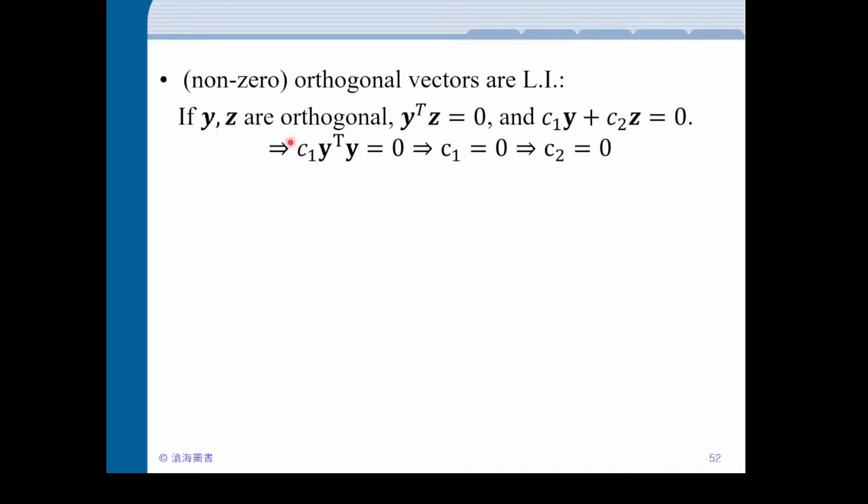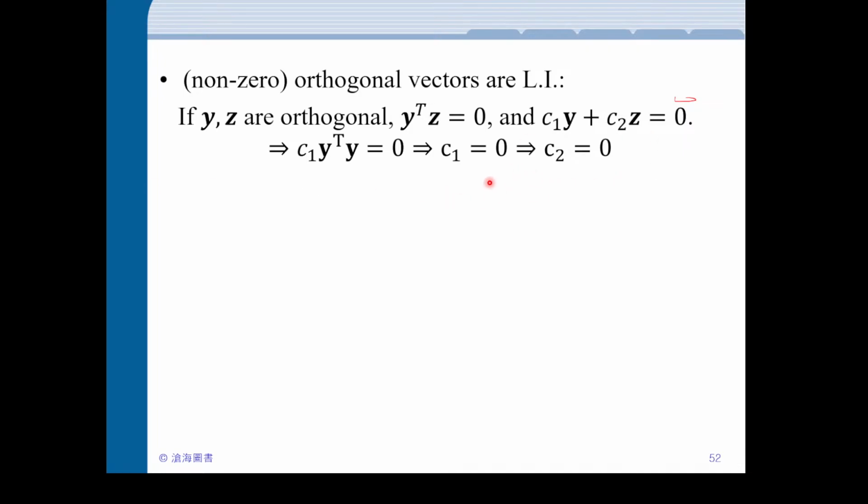So if y and z are orthogonal, then that means y transpose z equals 0. Then if you want to check c1y + c2z = 0, you take y transpose on this equation. Oh, sorry, here I should write that this is actually the 0 vector. So you have y transpose on the 0 vector equal to 0, and the other side is c1 y transpose y equals 0, but y is non-zero, so this means c1 equals 0.